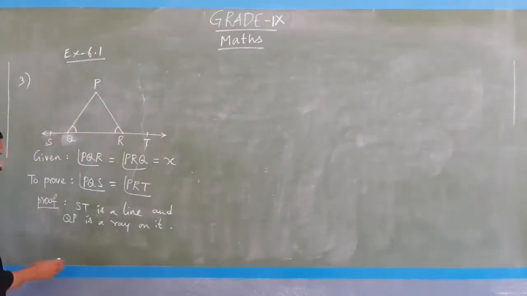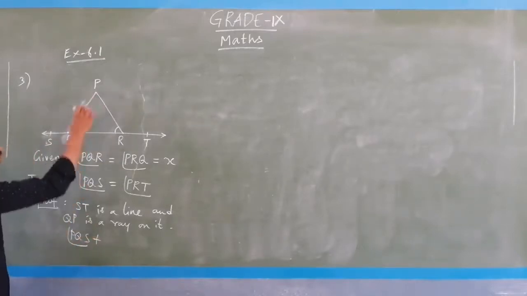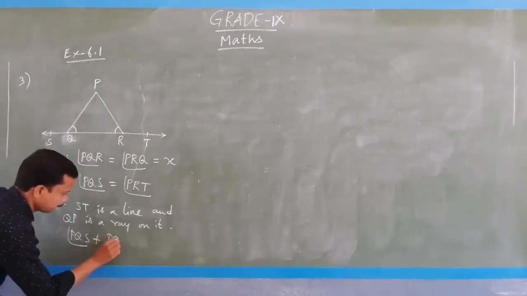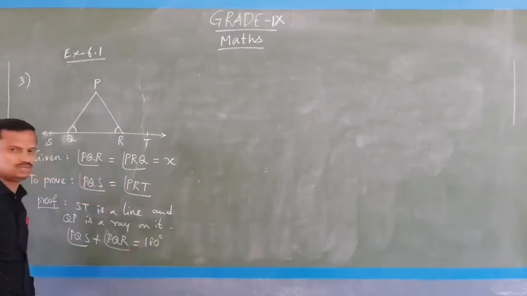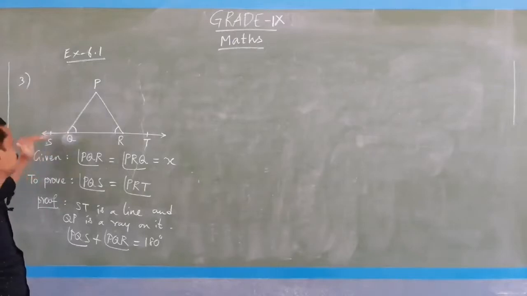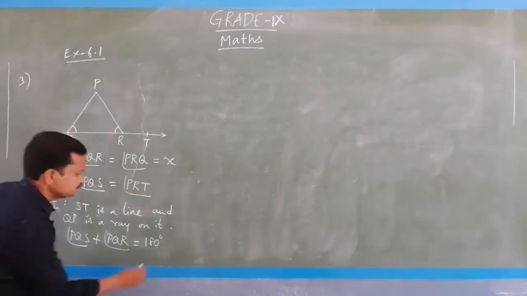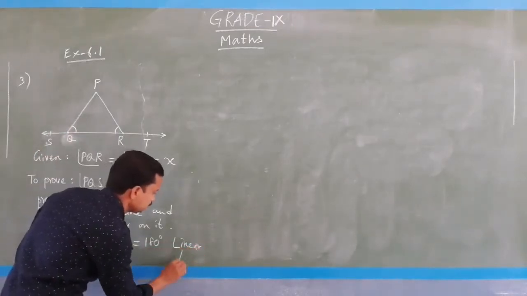So, that is PQS plus PQR, they both equal to 180. The reason, straight angle. Okay, or linear pair we can say these two. If one ray comes which stands on a line, then these two are called a linear pair of angles.